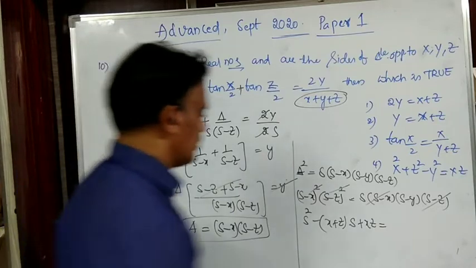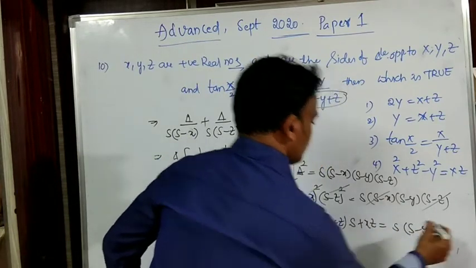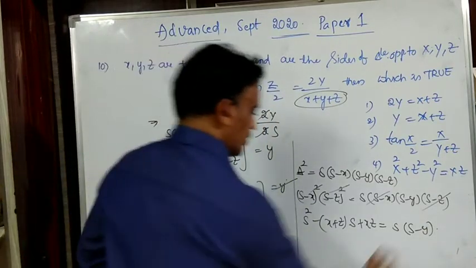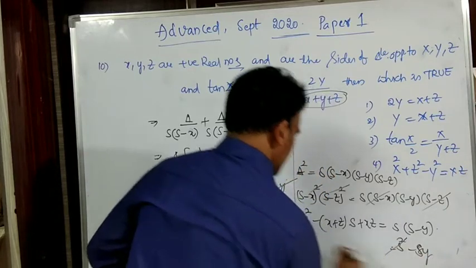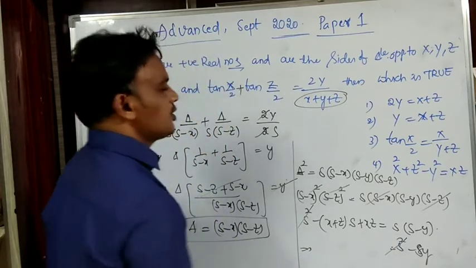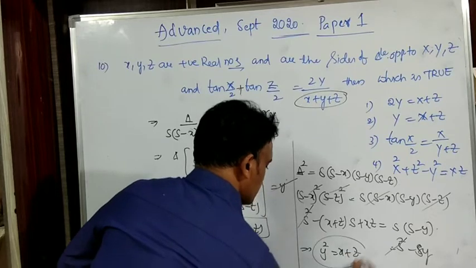Here we will get s of s minus y, which is s square minus sy. So on both sides s square gets cancelled. Totally, by simplifying this one, we will get y square equals x plus z.